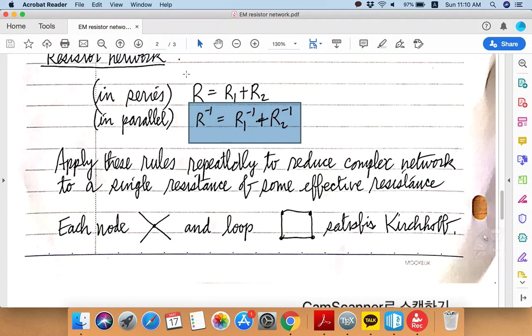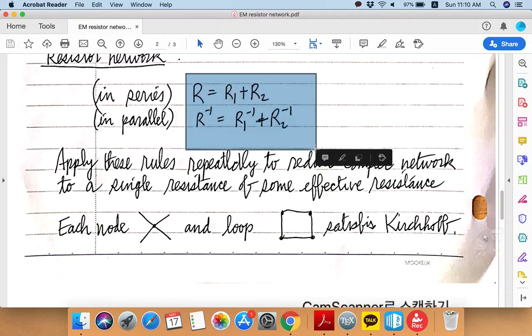And if you have many resistors connected in various fashions, then you must apply these rules repeatedly until you end up with only one effective resistor.